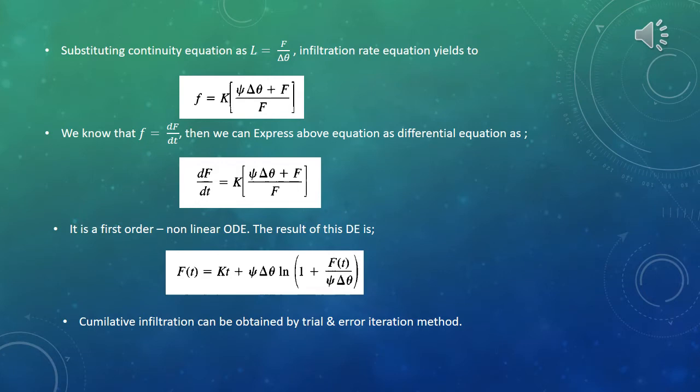We give the right hand side a starting value, maybe Kt at the beginning, and compare it with the left hand side. If it is different, whatever you get on the left hand side you plug into the right hand side, until the right hand side F(t) and the left hand side F(t) are equal. Then we obtain the solution. This is called the trial and error iteration method.